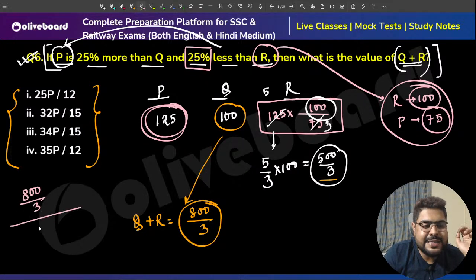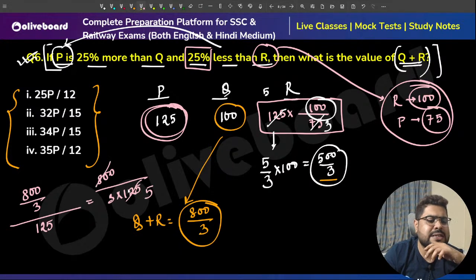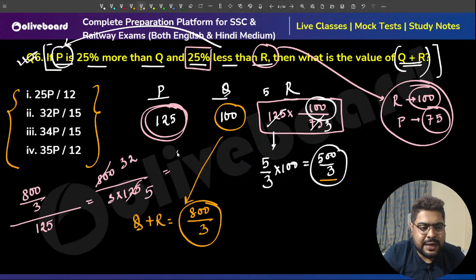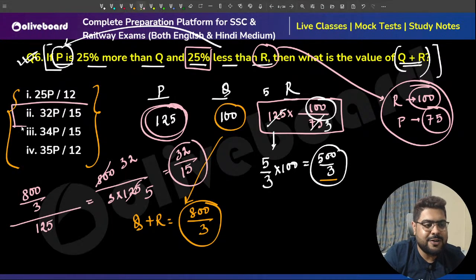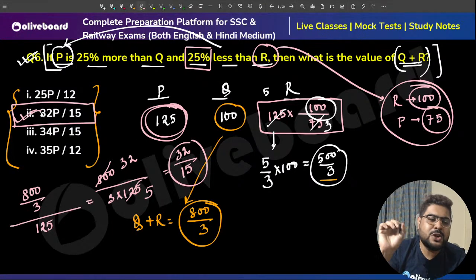I'll divide this by P, that is 125. So that means it will be 800 by 3 into 125. This is 5 times. This is 525. 8 4s are 32, sir. So it is 32 by 15 times. Option number 2 is your correct answer.